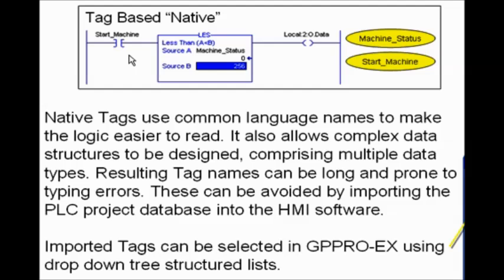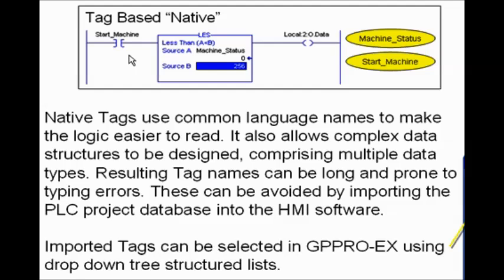The only problem for us from a HMI perspective can be that the resulting tag names are long. You could have a tag name that is mymachine.startmachine.whatever and carry on with a big long name, and that makes it hard to type in when we're looking at using that in our HMI.